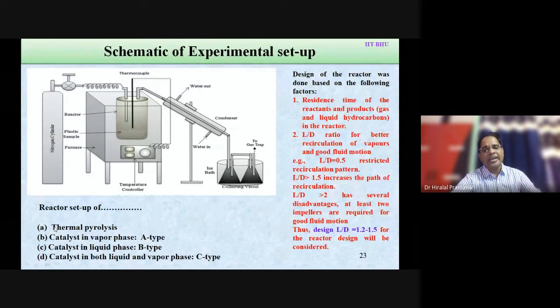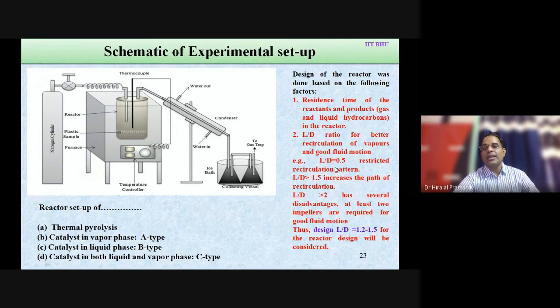So to compare which process is better, for any reactor selection there is an L by D ratio. You cannot take any dimension of the reactor, diameter or height, arbitrarily. We basically take 1.2 to 1.5 for better vapor circulation.